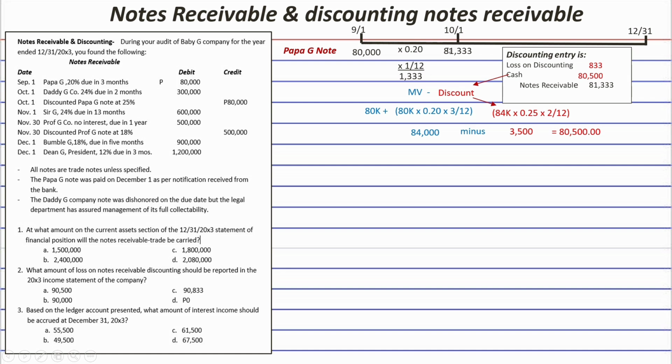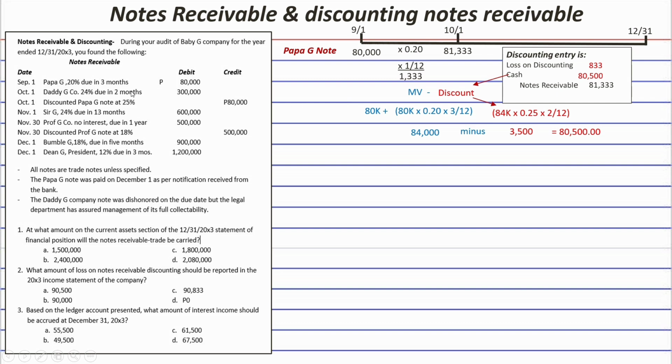Because again, Baby G already sold the promissory note last October 1, which means all the responsibilities and the powers and the control for the notes receivable has already been passed to the buyer. So again, you don't need to make an entry on December 1 because the notes receivable is not already Baby G's from October 1. Okay? So this is the full analysis of Papa G's note.